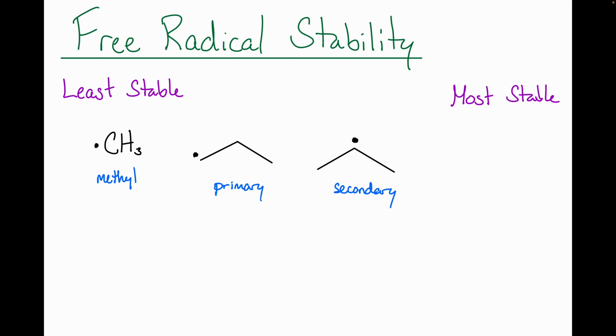And where am I going with this? What's our most stable one going to be? Tertiary free radical. So just like carbocations, our radical stability depends on our degree of substitution.